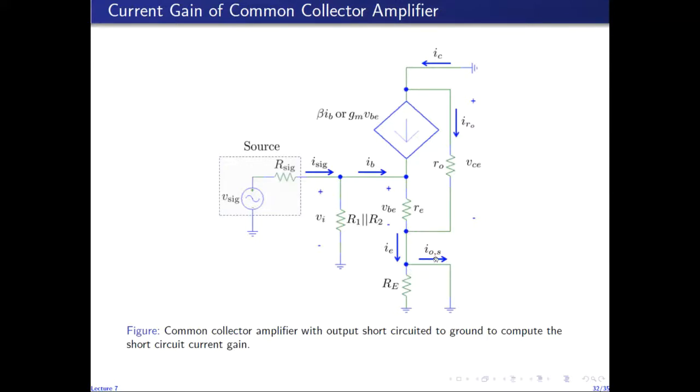So R naught is also in parallel to capital RE, and hence is also shorted out because of this short circuit. So there will be no current flowing through R naught. So IE will be given by the current through small RE, which is IB plus beta IB.